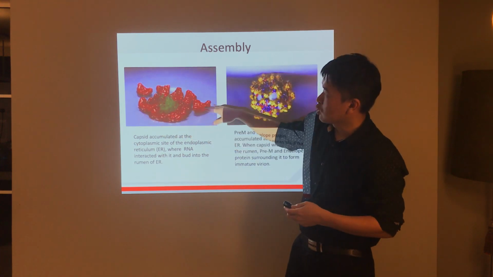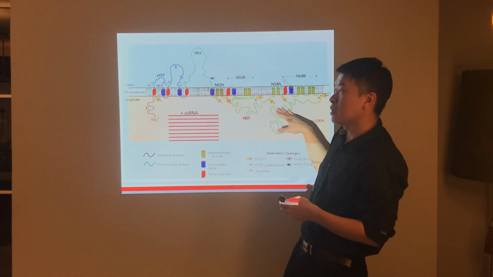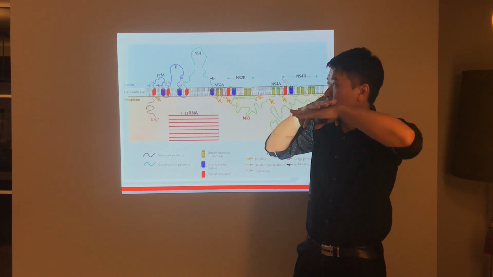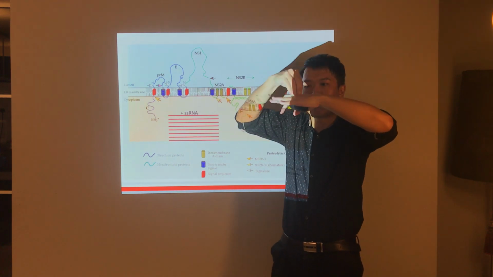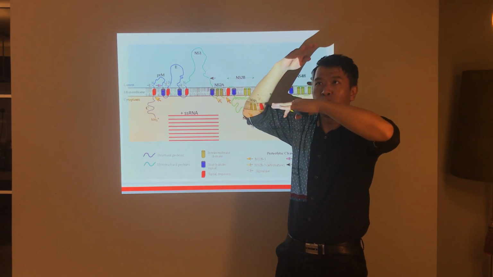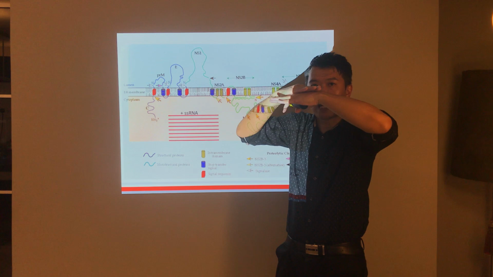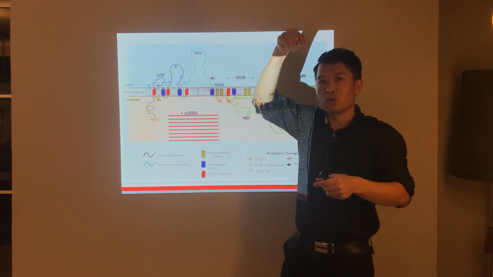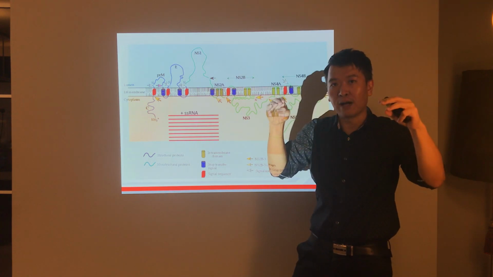The capsid is also located at the cytoplasmic side of the RER, on the surface of the RER. So you have capsid surrounding the membrane of the RER. Now you have RNA. When the RNA comes in contact with the capsid, it will induce the capsid to go into the lumen side of the RER.